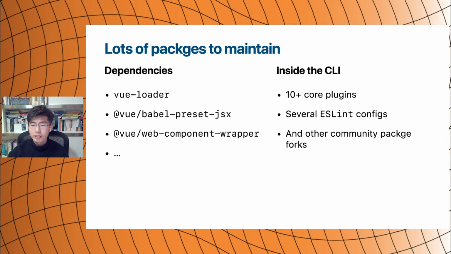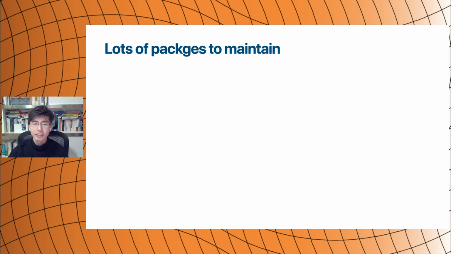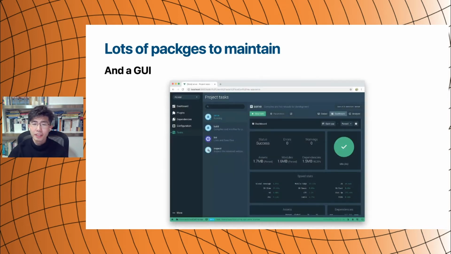So with so many packages to maintain, it's already a huge burden on us. And yet more, we have a graphical user interface, which is part of the Vue CLI itself. And this wide range of scope makes our job extremely challenging.